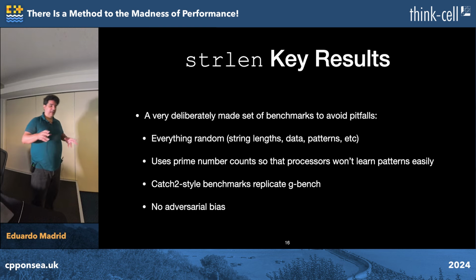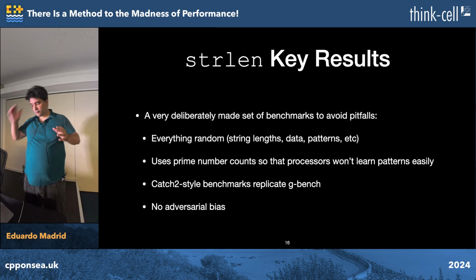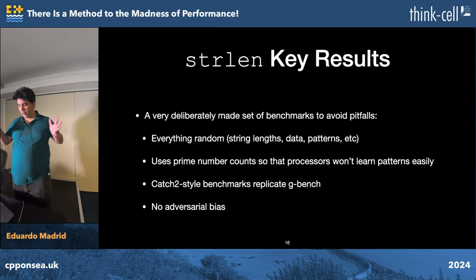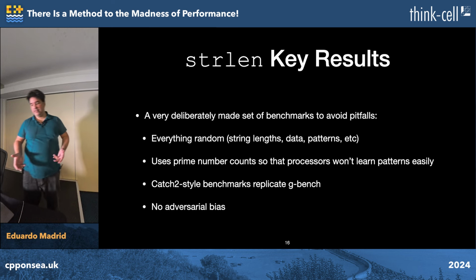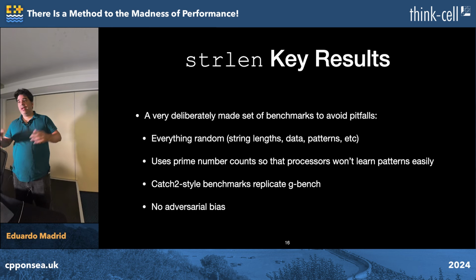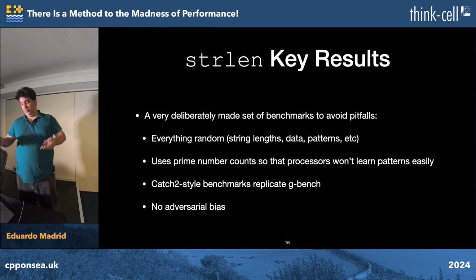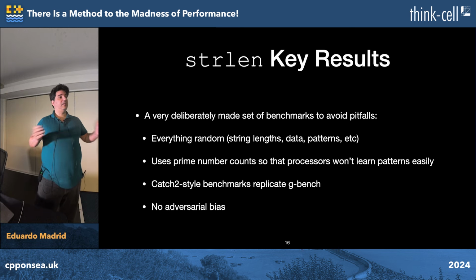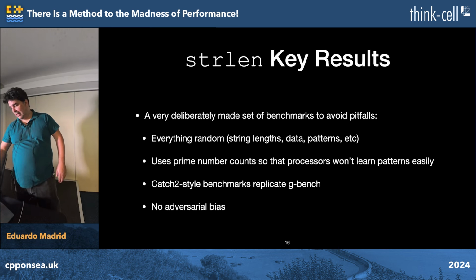Before we dive into the details of these implementations, let us recap what we're doing here. What are the results that I am communicating to motivate the rest of the presentation? We have made a very deliberate set of benchmarks that you can audit and verify for yourselves, in which everything is random, so that there are no magical numbers that can interfere by mistake or coincidence with the results.